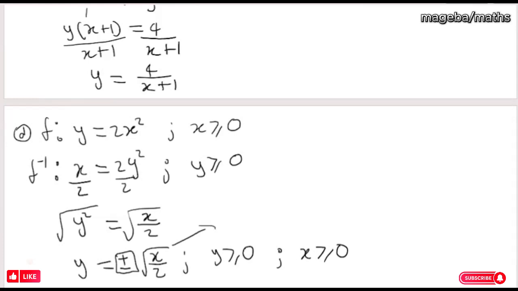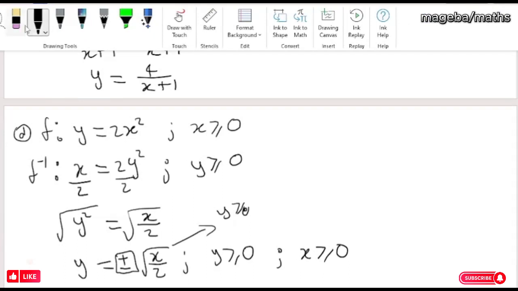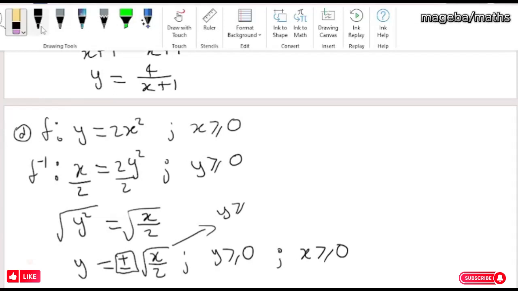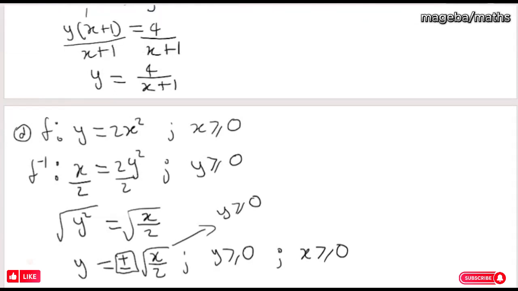Now from here, which one am I going to take between positive and negative? Since my y is greater than or equal to 0, my final inverse equation has to be positive: the square root of x all over 2, all of them under the square root.